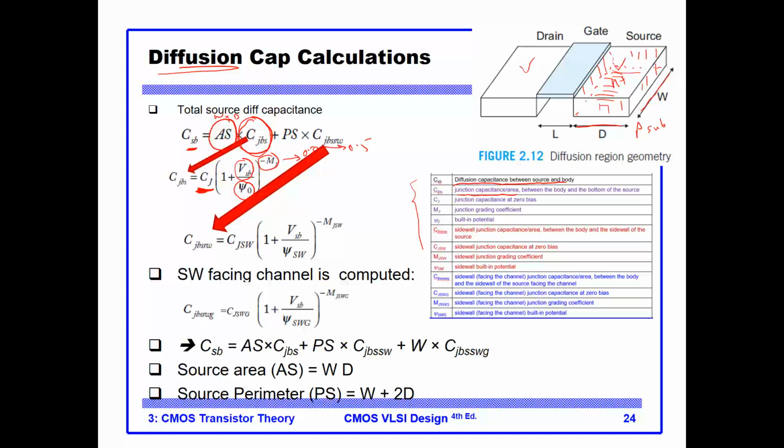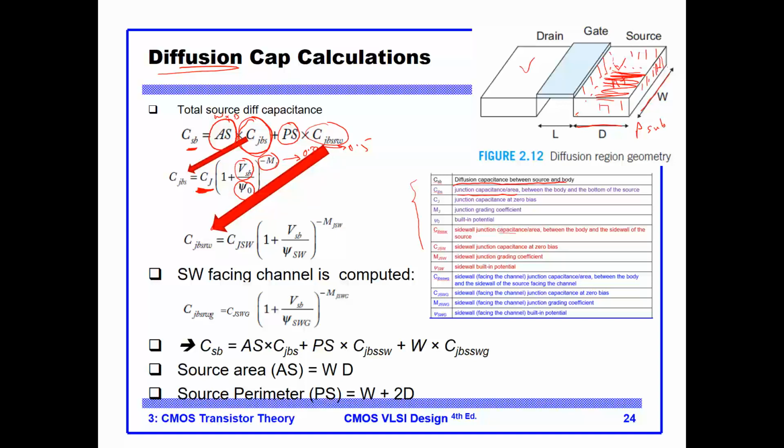So this takes care of the bottom. How about this sidewall here? For the sidewall, we compute the perimeter times this factor, which is called the sidewall junction capacitance.